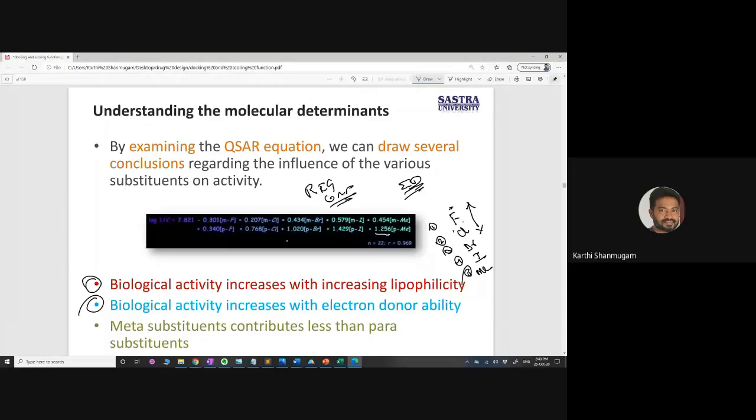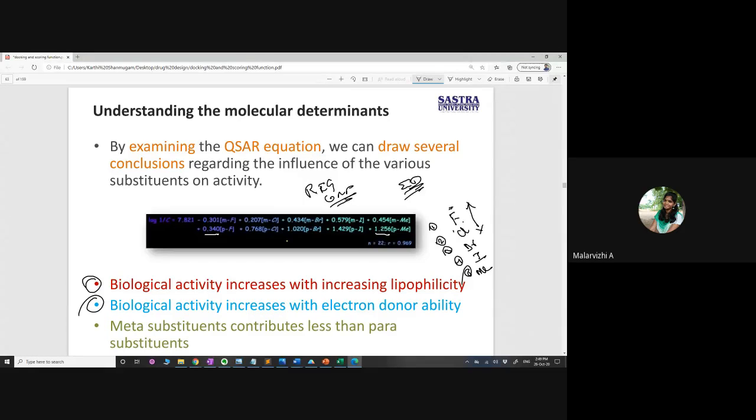If you have F at para position, the coefficient is 0.340. Which one is having the higher value? Methyl at para position or fluorine at para position?